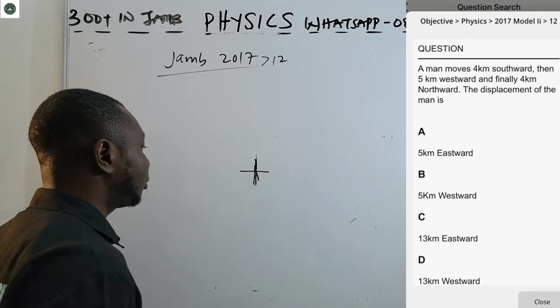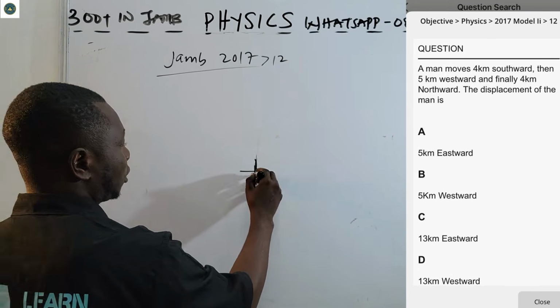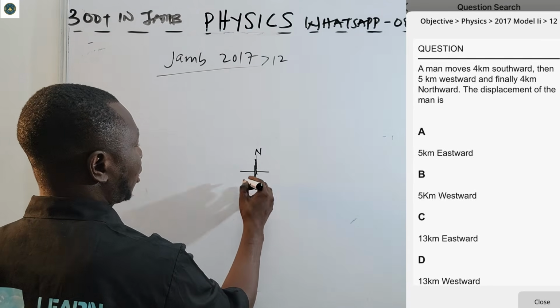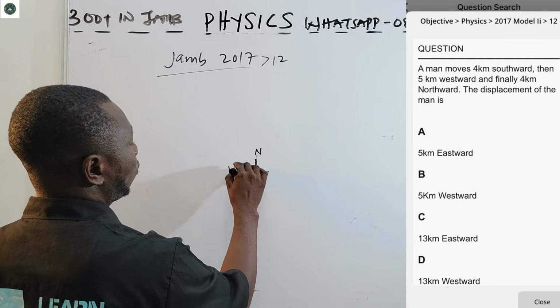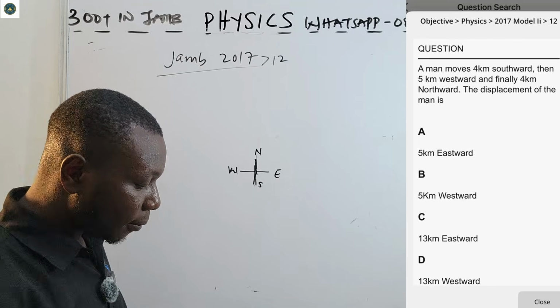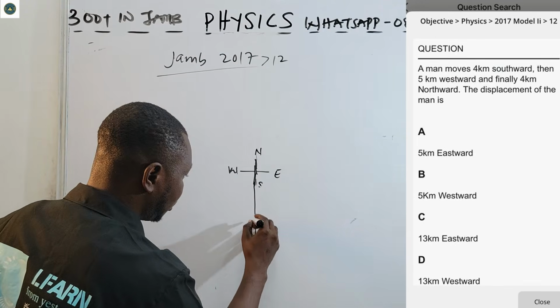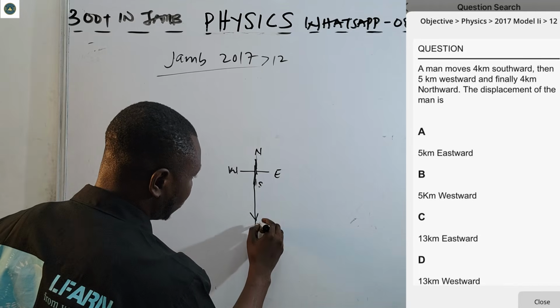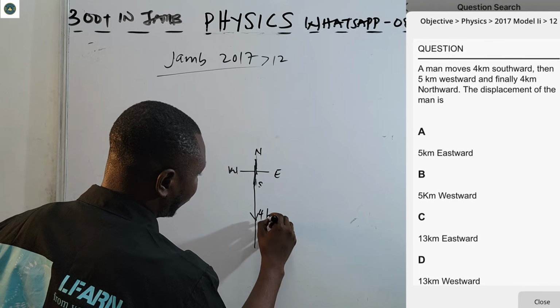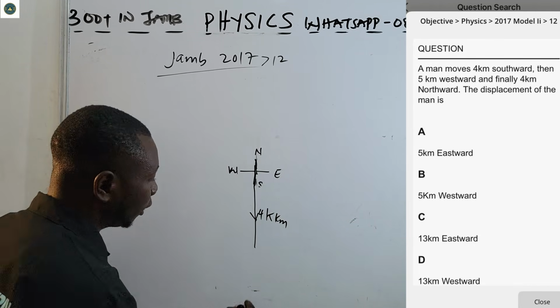We have north, south, west, and east. A man moves 4 kilometers southward. So he moves to the south, 4 kilometers, so he's not here.